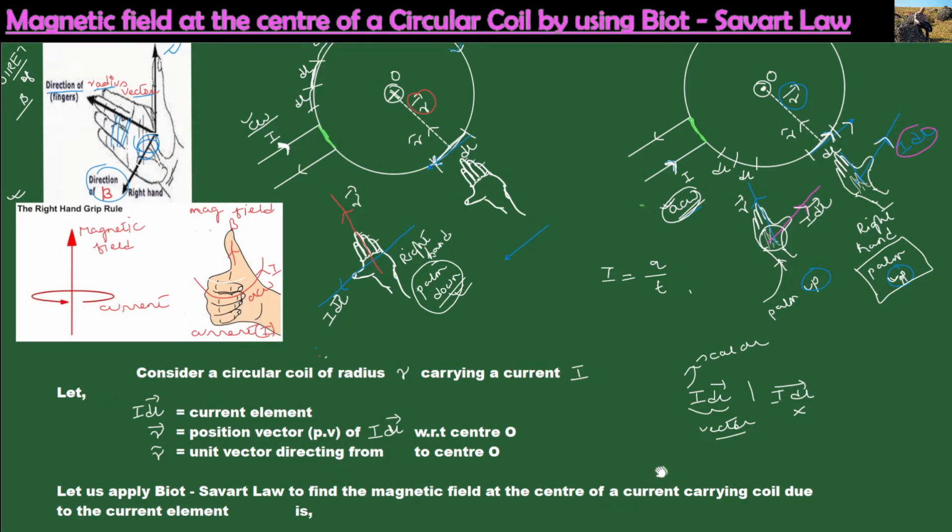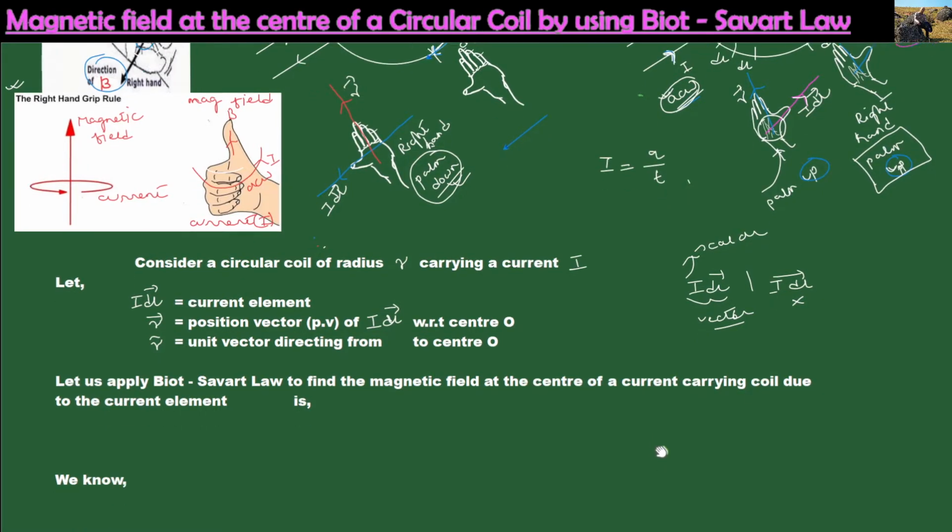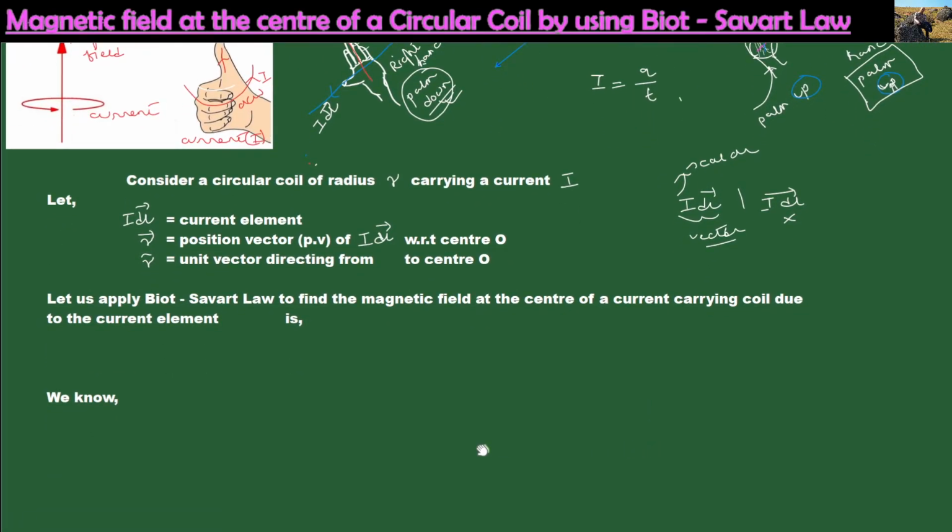So from here, using Biot-Savart's law, we can find the magnetic field.